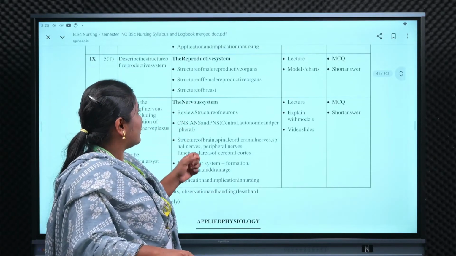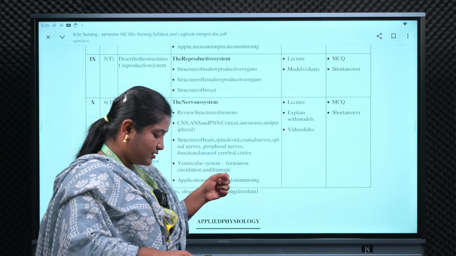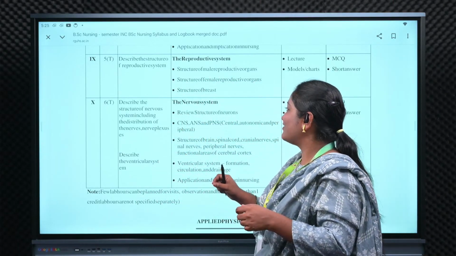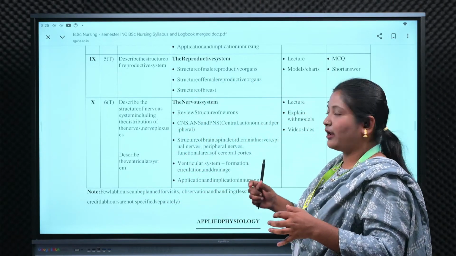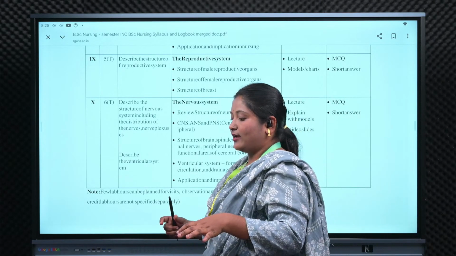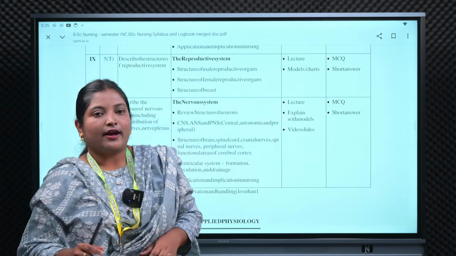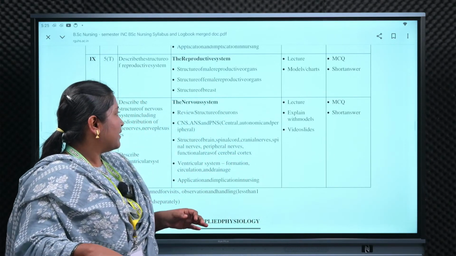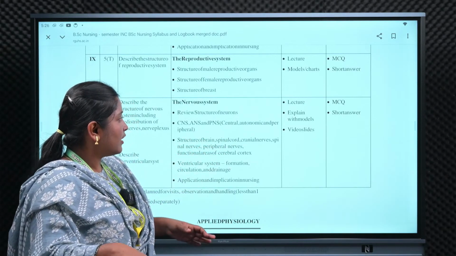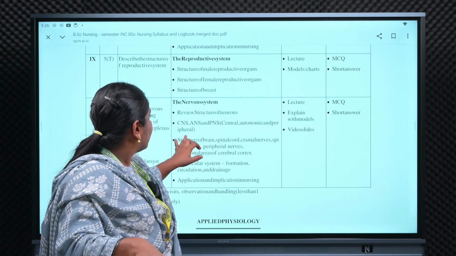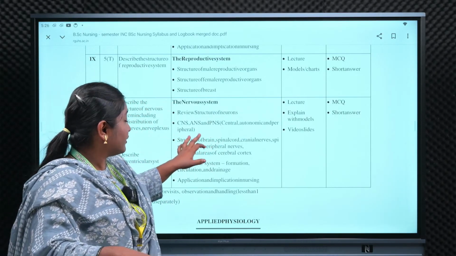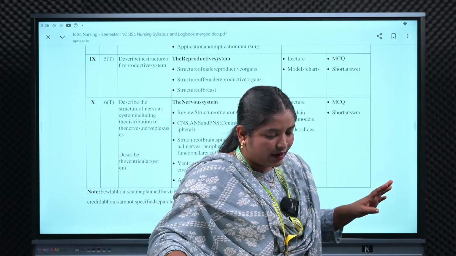Then the nervous system. Okay, the nervous system, not being nervous. The nervous system means we are going to study about our brain and the neurons. Especially we are going to study about the neurons, the sensory nervous system, and the peripheral nervous system, and autonomic.